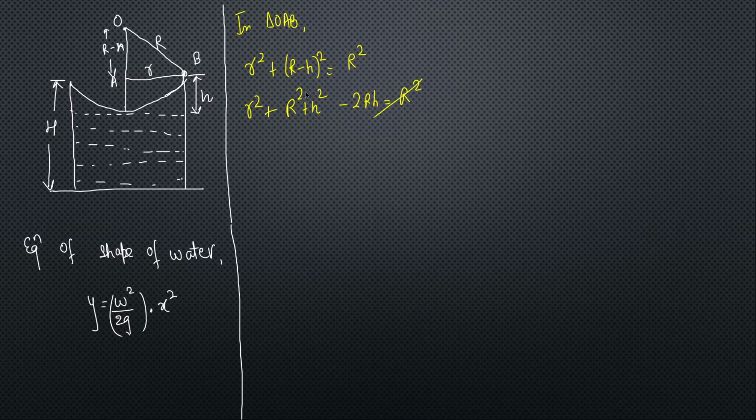The R squares cancel out, so r square plus h square equals 2Rh. From here, capital R equals (small r square plus h square) over 2h.